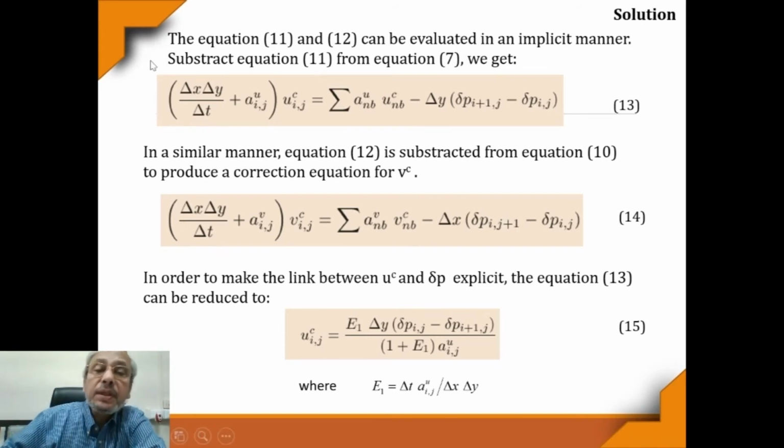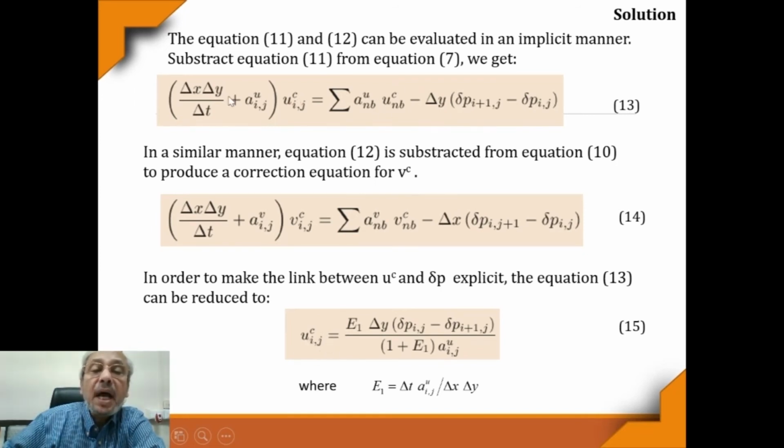So from equation 13, neglecting the neighboring velocity corrections and their coefficients, we get an explicit expression for u_ij^c, the velocity correction term.